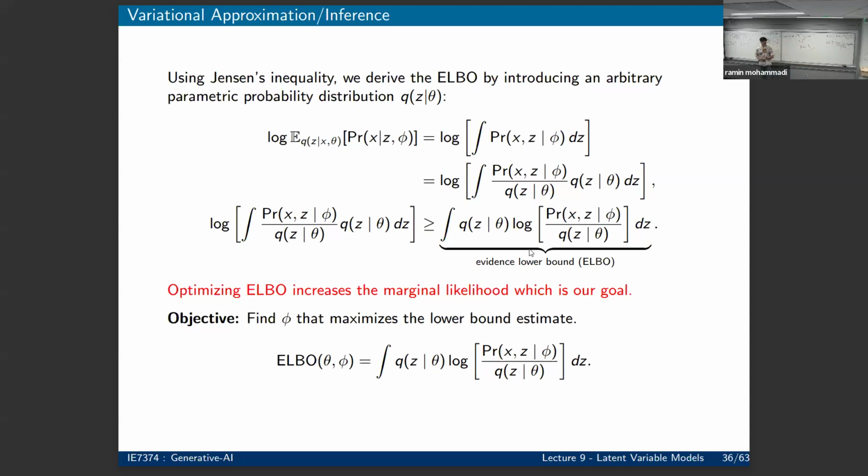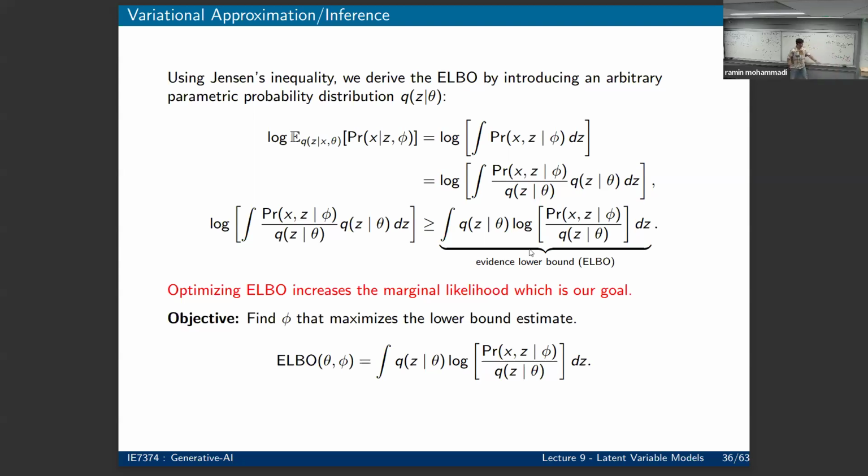Now the Jensen inequality says that you can take the log inside, and that means this term is always greater than the summation of Q(Z|X) log of P(X,Z; phi) over Q(Z|X). We took the log inside.